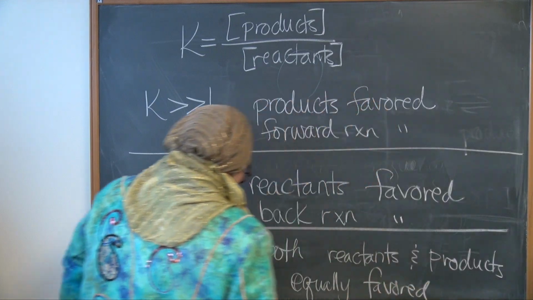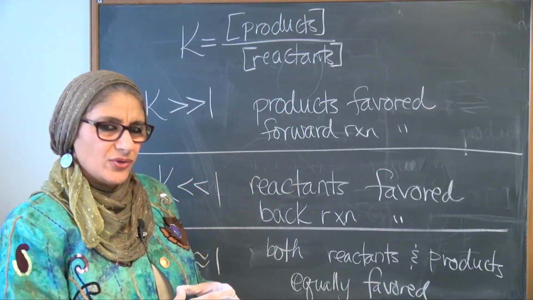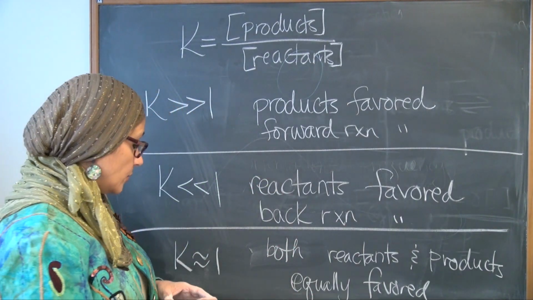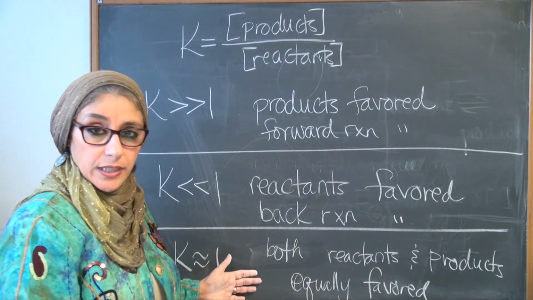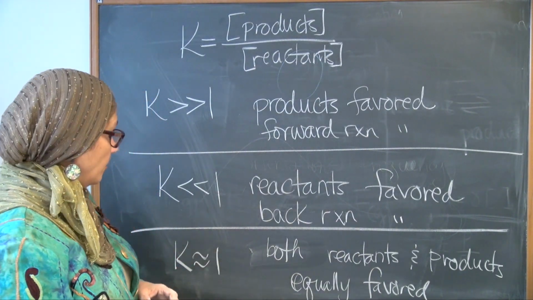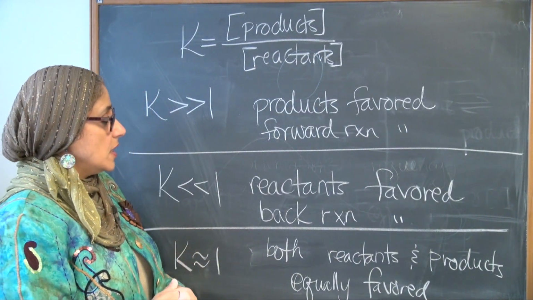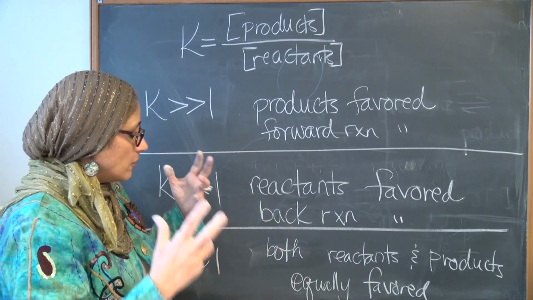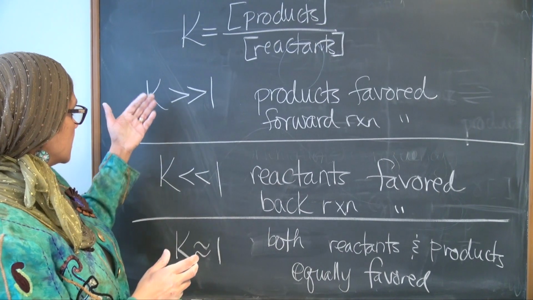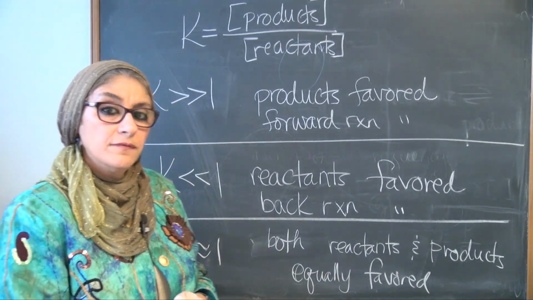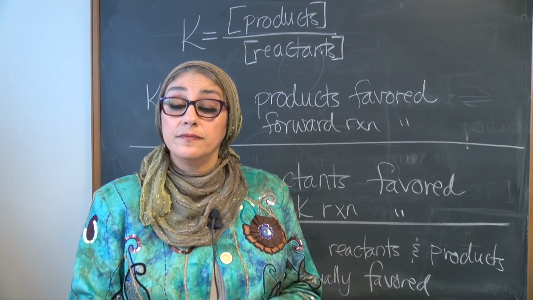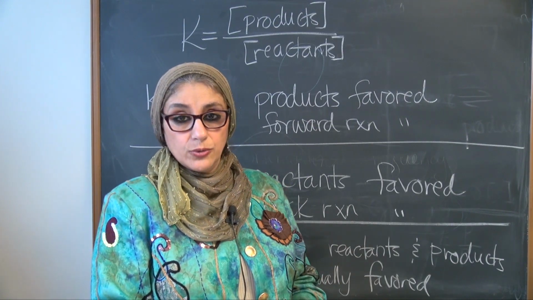There are very few reactions like that. I don't know that we will come across too many, if any, of the equilibrium situations where we get an equilibrium constant that's equal to 1 or close to 1. But these are the general things that we get as far as the equilibrium constant and the information that it is communicating to us about the chemistry of that equilibrium.